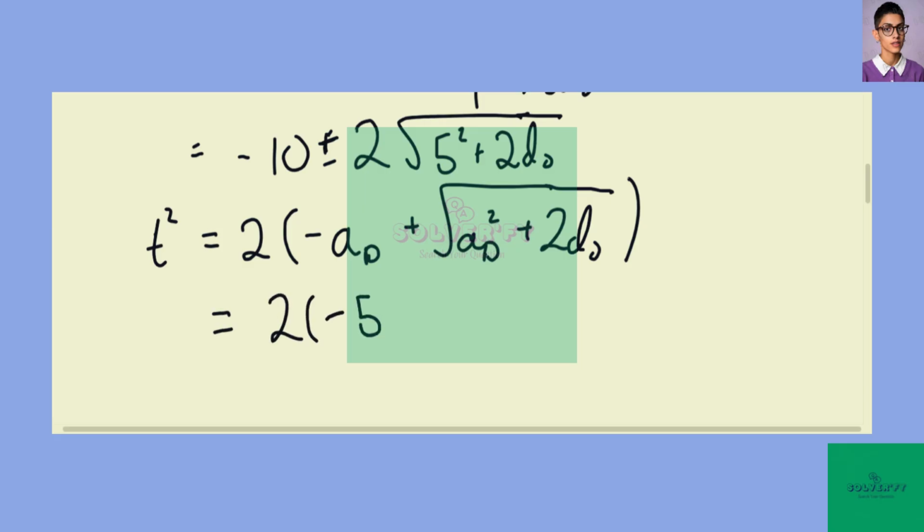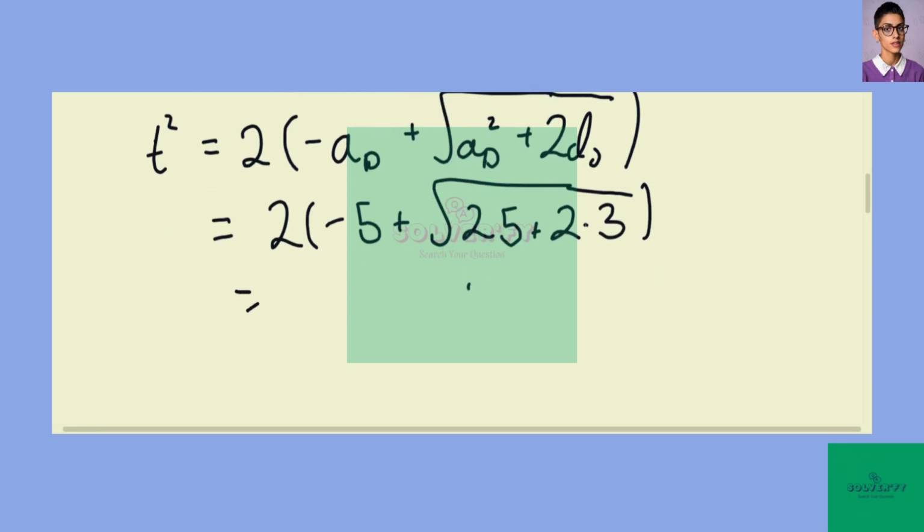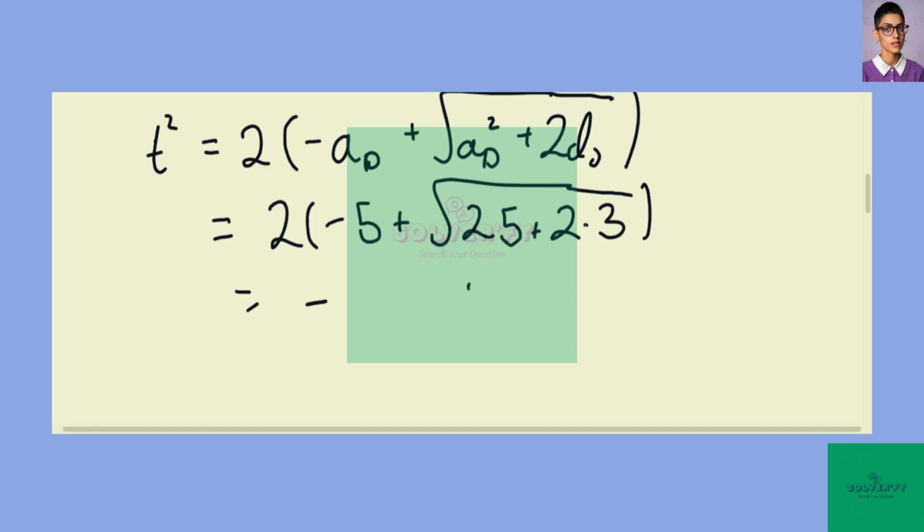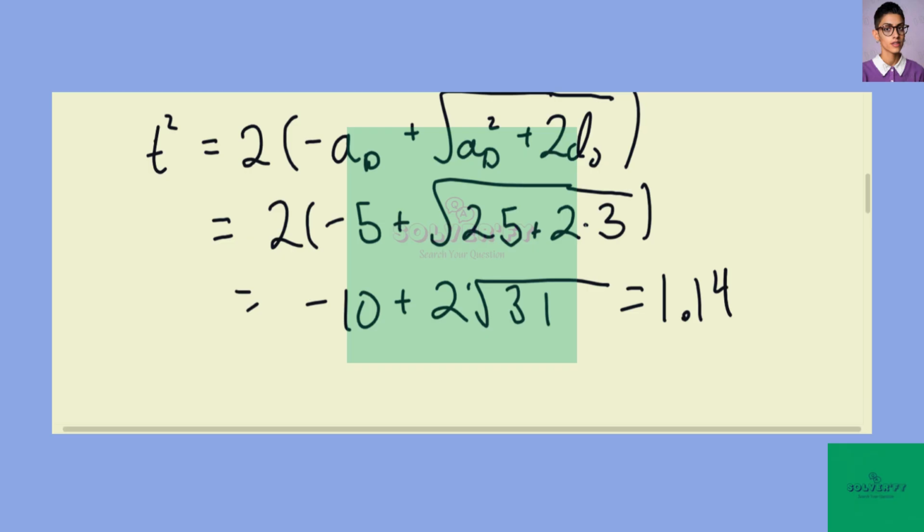So we have a good-looking solution. That's again equal to t squared. So we can plug things in again. So 2 times minus 5 plus square root 25 plus 2 times d naught, which is 3. And if we multiply that all out, 2 times minus 10 plus 2 square root 25 plus 2 times 3, is 25 plus 6, which is 31. And we can look in our calculator to get a value for that.